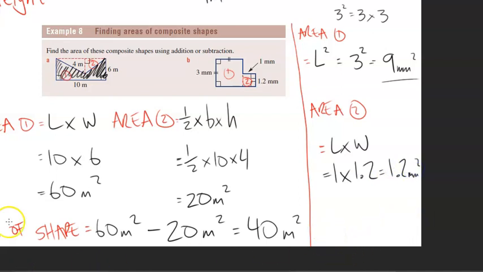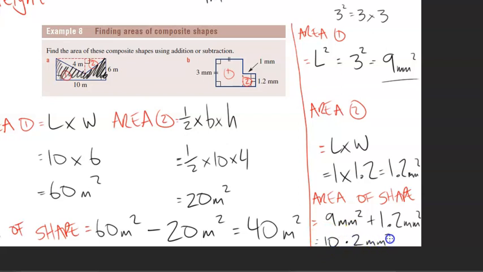Now, to get the area of the shape, in this case, we just need to add them. So this is equal to 9 square millimeters plus 1.2 square millimeters, and the overall area of the shape is 10.2 square millimeters, and that right there is the area of this composite shape.